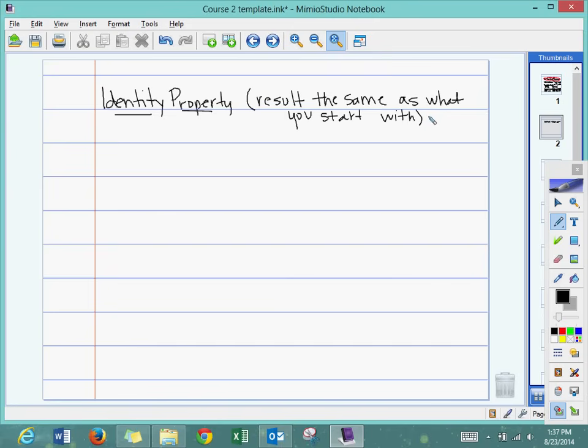So for addition, I'll go down here for you, and then I'll put what the book would have in there. The book would have this: A plus 0 equals A. And if we wanted to use an example with those variables filled in, we would have an example like 7 plus 0 equals 7. I had 7, I add 0 to it, I still have 7.